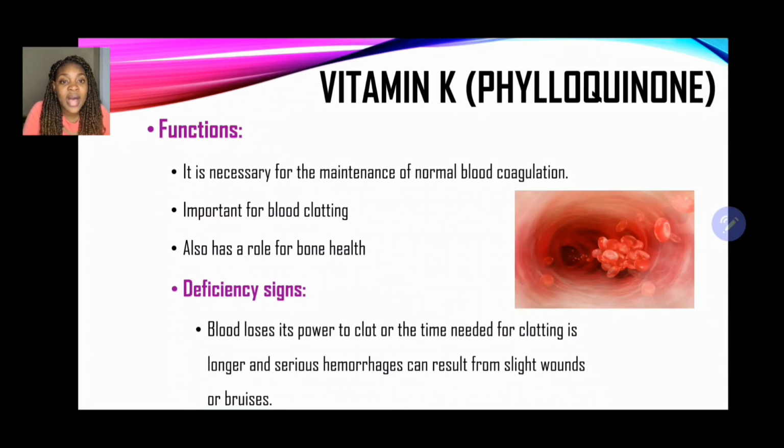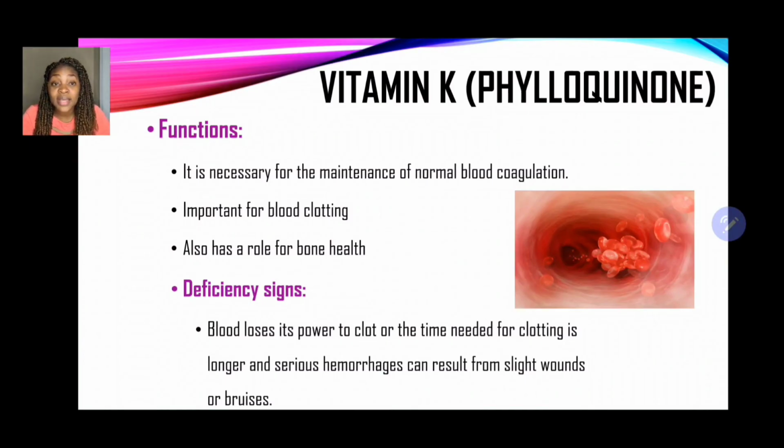It also has a role for bone health. Now guys, the deficiency of vitamin K or phylloquinone includes blood losing its power to clot, or the time needed for clotting is longer, and serious hemorrhages can result from slight wounds or bruises. So a person may get a slight cut or a slight little bruise, and there is an excess of blood just coming because what?